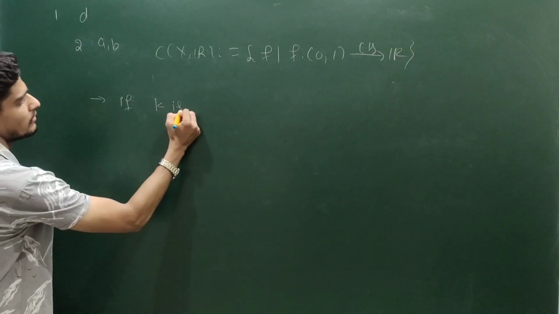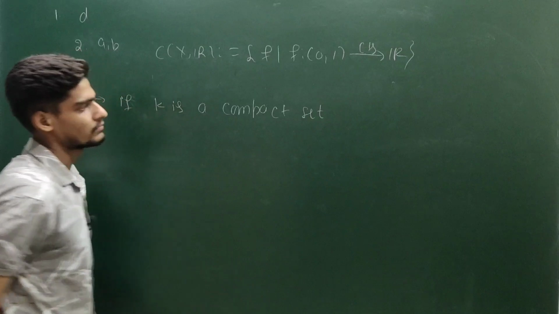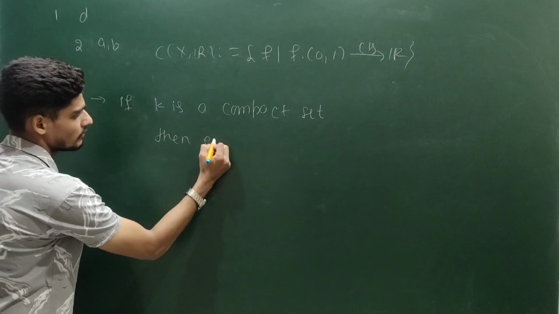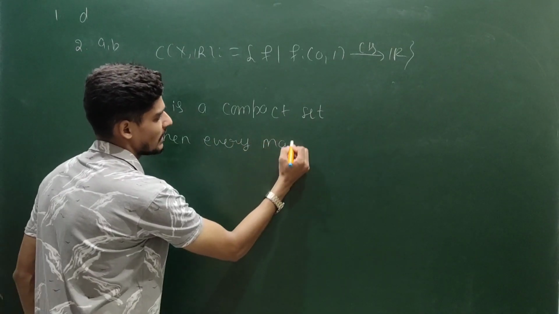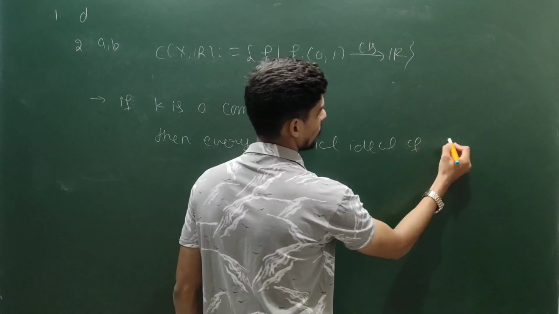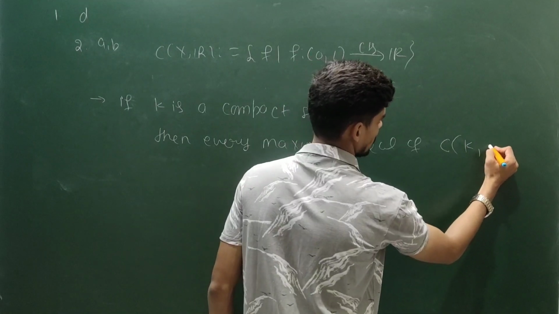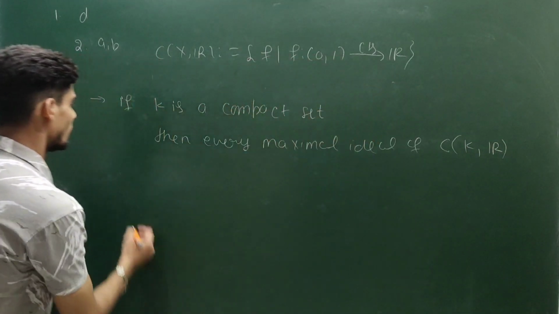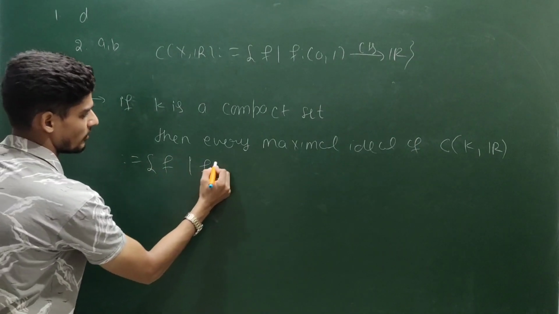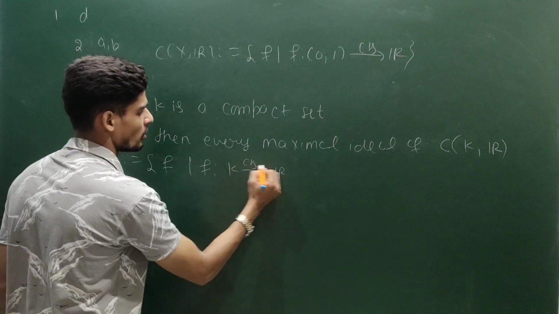If K is a compact set in a general space, then every maximal ideal of the set C(K, R), that is, the collection of all functions defined from K to R which are continuous.